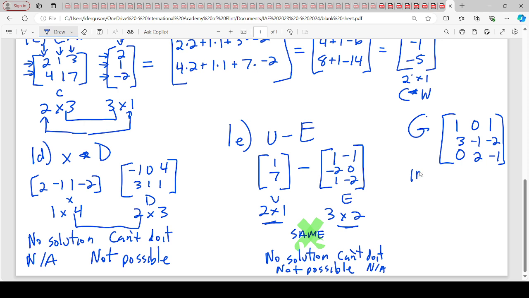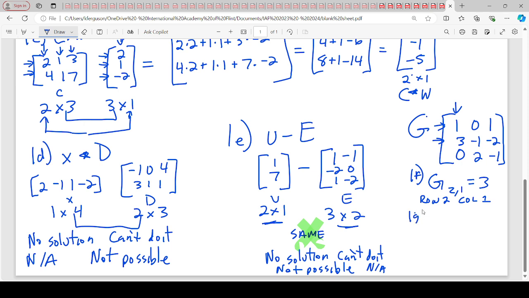So 1F says we're looking for matrix G with the subscript of 2, 1. So that means I'm looking for row 2, column 1, right? So row 2, column 1. So this equals 3.